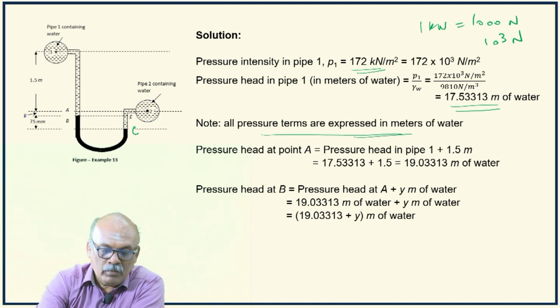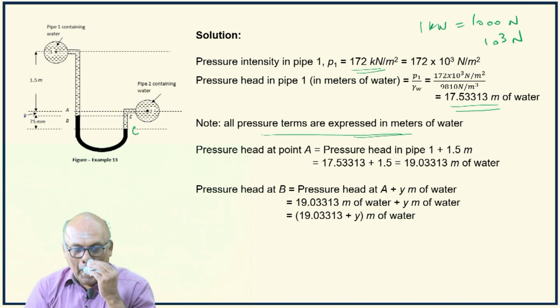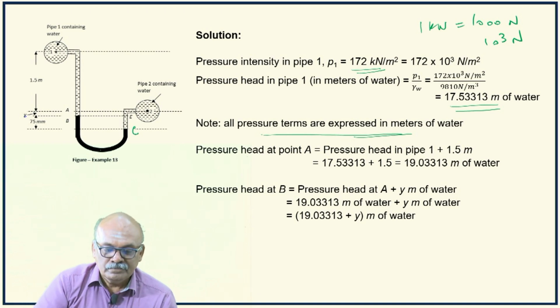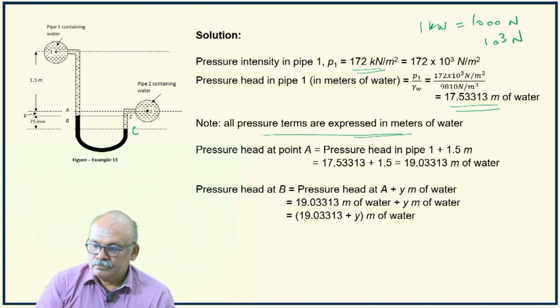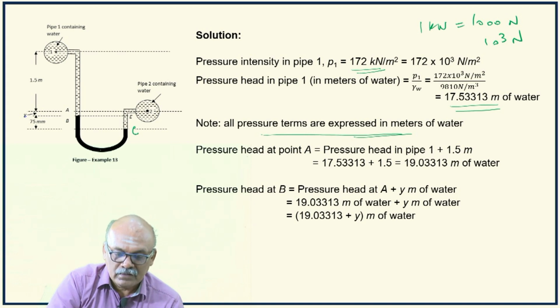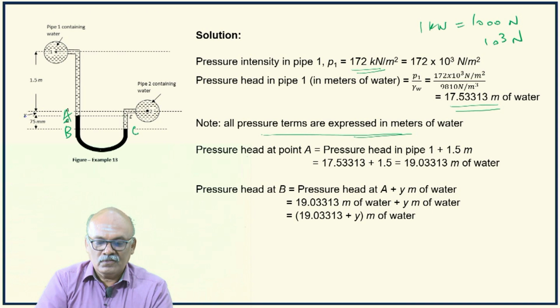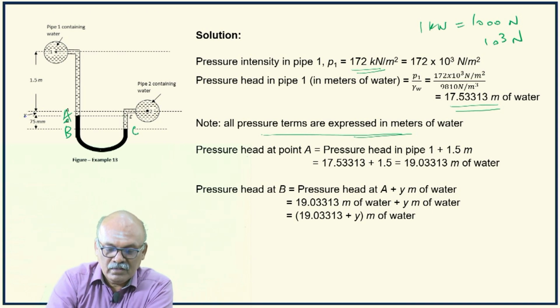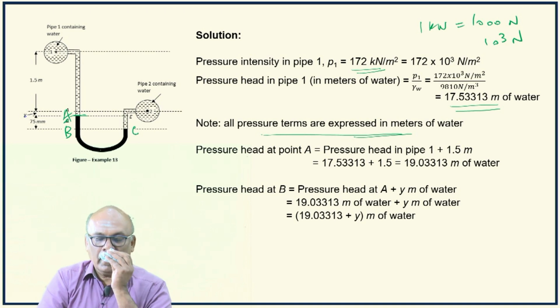So, all pressure terms we express in meters of water. Then pressure here at point A, in fact this is B and this is A. A is the interface of overlying water and underlying mercury in the left column.